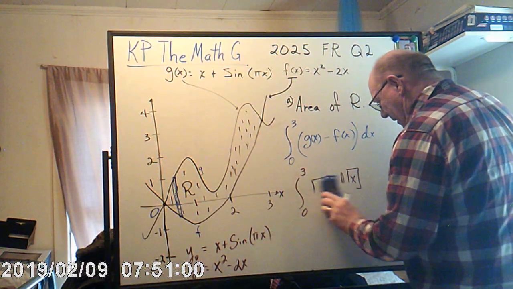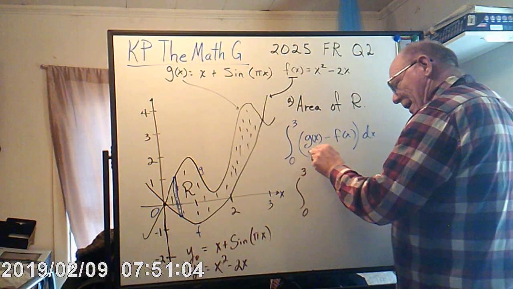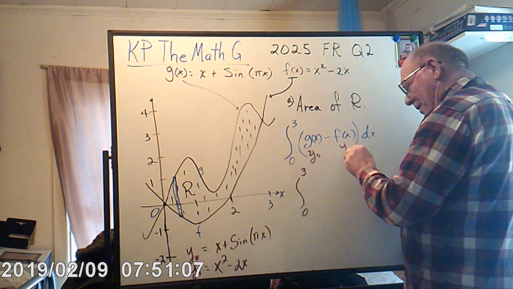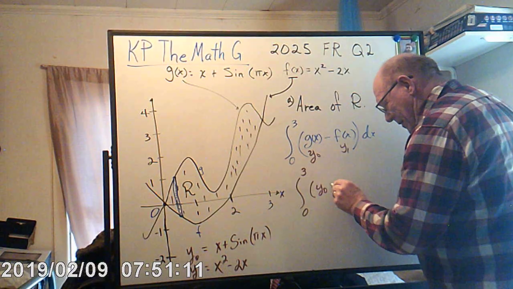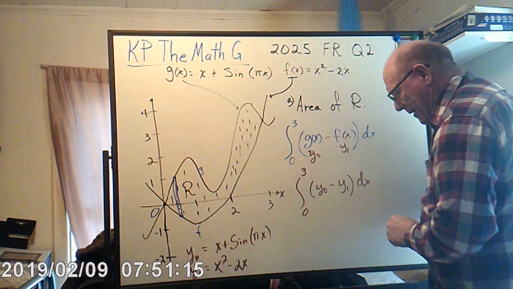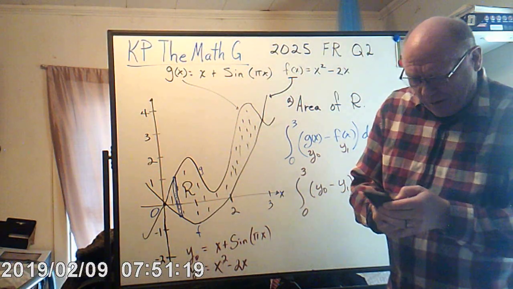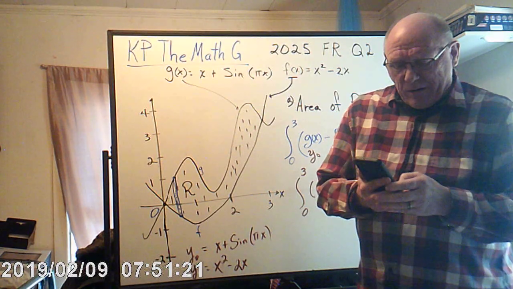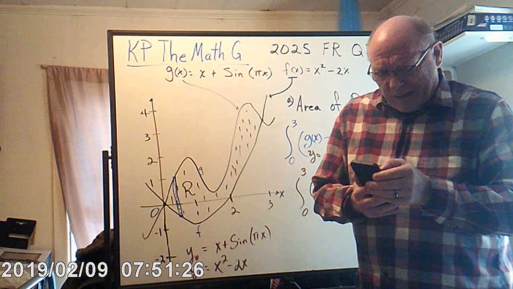Okay, so since I know that this is G minus F, and G is y sub 0 and F is y sub 1, I can put y sub 0 minus y sub 1 dx like that. Now I'm just going to go ahead and put 0 to 3.